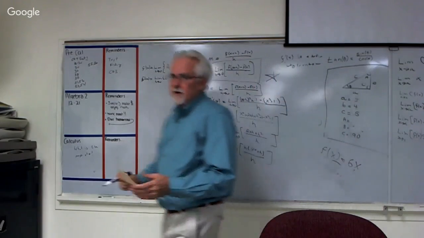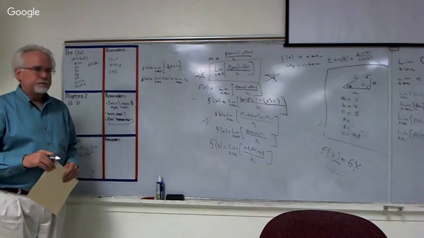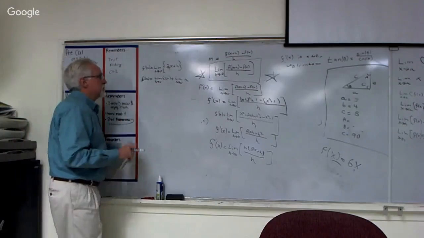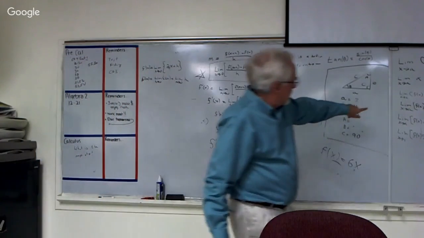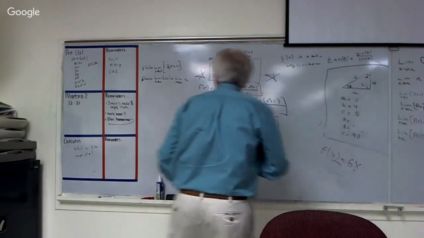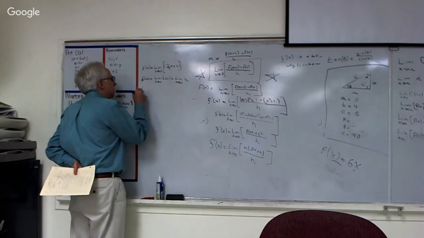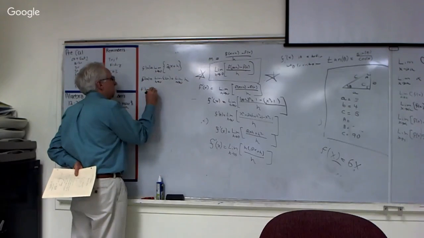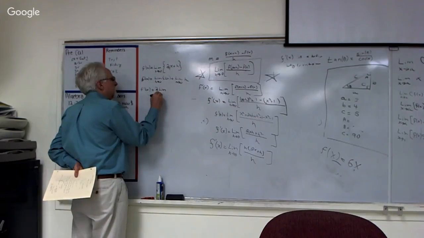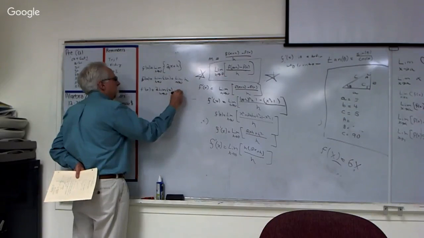What is the next step that you could do, Davis? You bring the 2 out in front, because one step, one rule. So now what are you going to say, Davis? f prime of x equals 2 times the limit as h goes to 0 of x plus the limit as h goes to 0 of h.